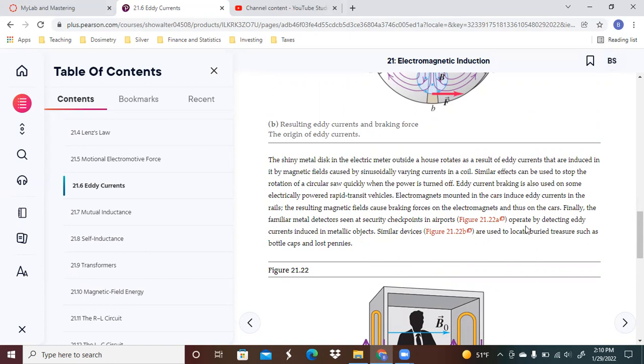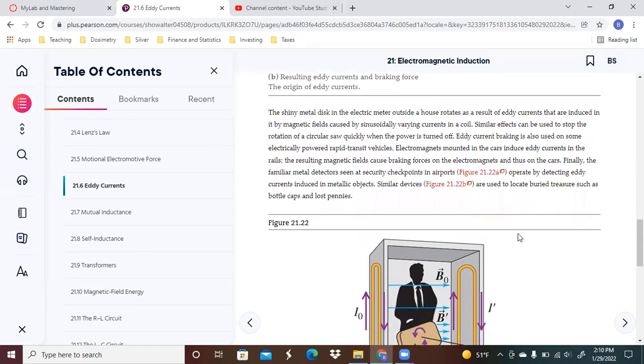Eddy current braking is also used on some electrically powered rapid transit vehicles. Magnets mounted in the cars induce eddy currents in the rails. Resulting magnetic fields cause braking forces on the electromagnets and then also on the cars.